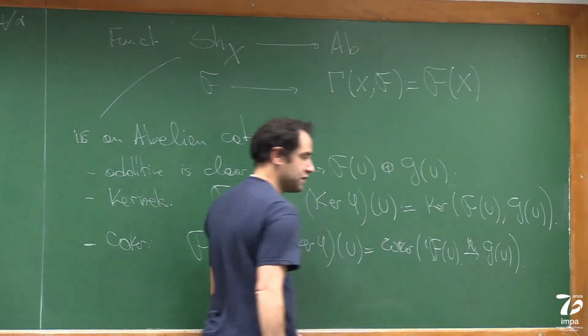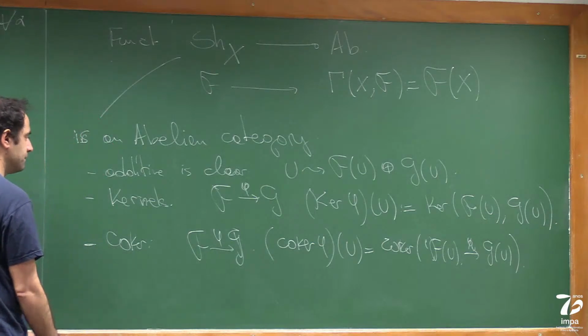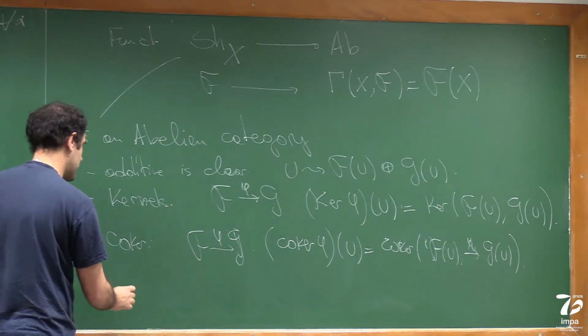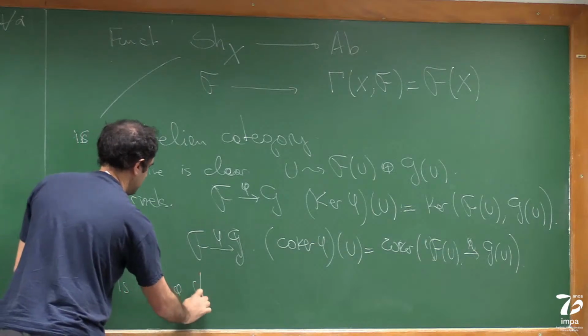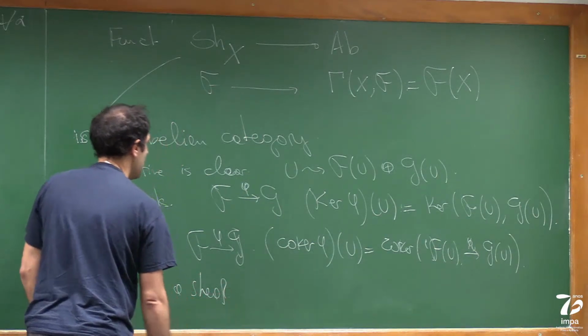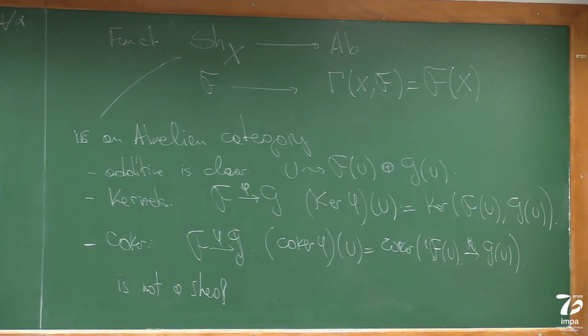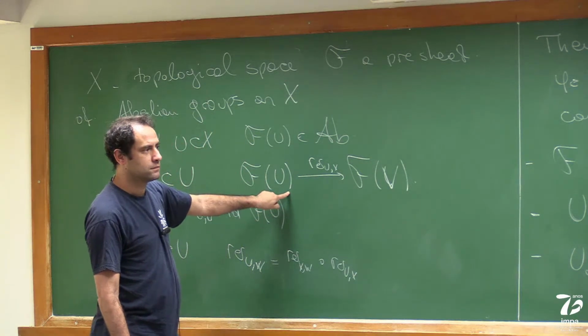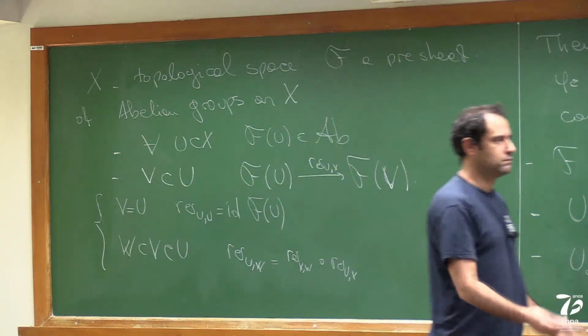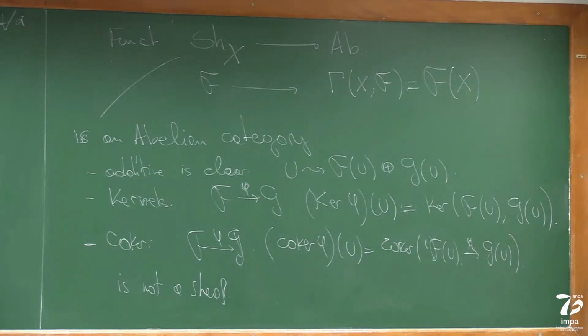And this is not a sheaf, but it is a presheaf. Checking that it is a presheaf is clear. You just restrict each one of these maps using the restrictions on F, and it gives you well-defined restrictions. The problem is that you cannot necessarily glue sections of this thing.